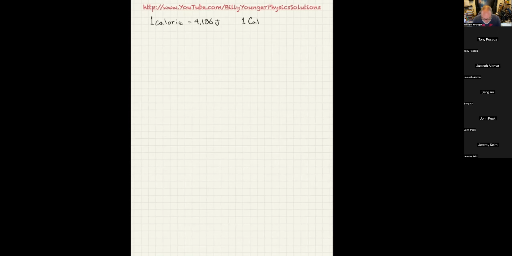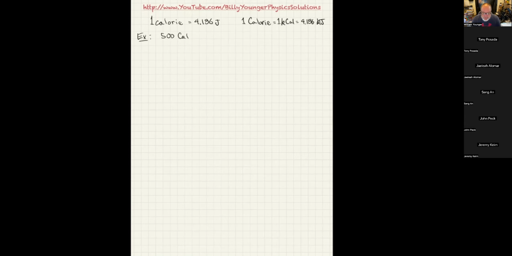That Calorie, which is also spelled the same way, it just has a capital, that's actually 1 kilocalorie. And that is actually equal to 4.186 kilojoules.